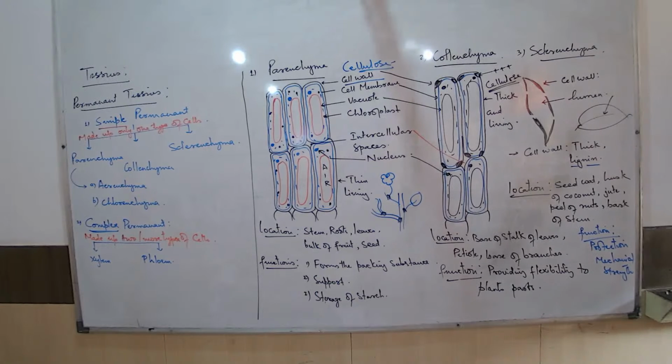For collenchyma you write: provides flexibility to plant parts.